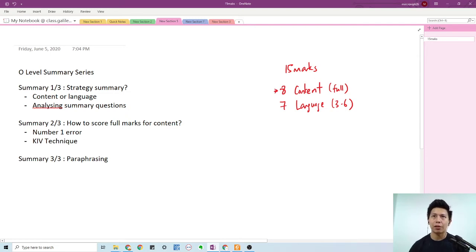Okay, with 8 marks, even if you're scoring just like 3 to 4 for your language marks, let's say it's a 3, okay, you're still getting a comfortable 11 out of 15. Whereas, if you're looking at say 4 marks, you still get 12 out of 15. Yeah, which is pretty decent, I would say.